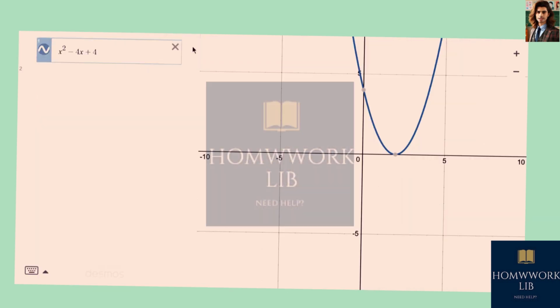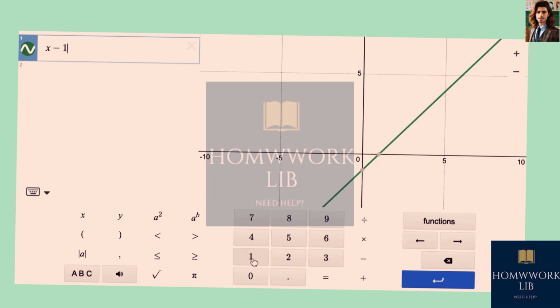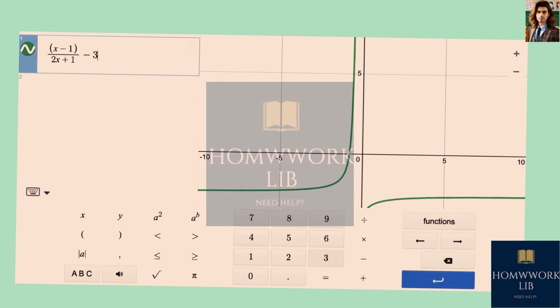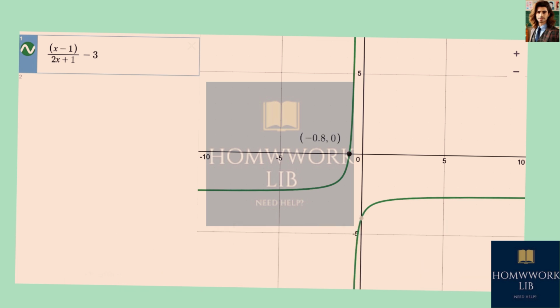Next one, we want to know when is (x minus 1) over (2x plus 1) greater than 3. But if we subtract 3 from both sides, we're thinking greater than 0, and it's a little easier to read.